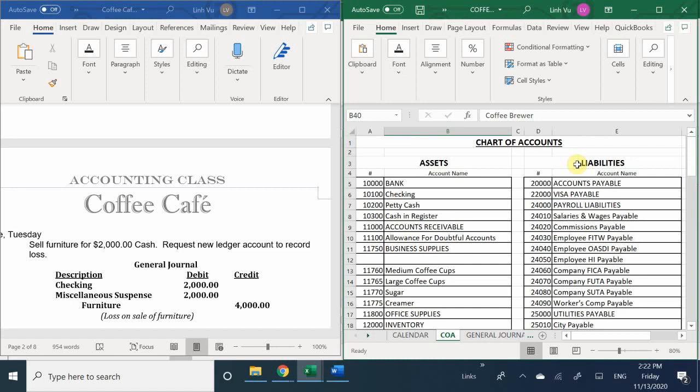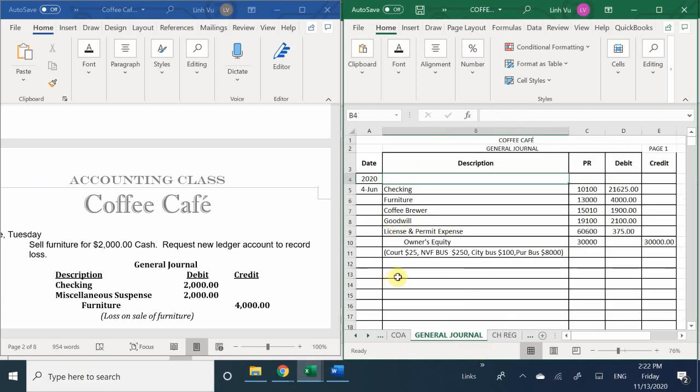We don't have a cash on hand or some cash account. We only have checking, so we're going to be utilizing our deposits one more time. Let's go ahead and journalize this. Our assumption is we're going to take that money and dump it into our bank, so we're going to increase our checking account by $2,000.